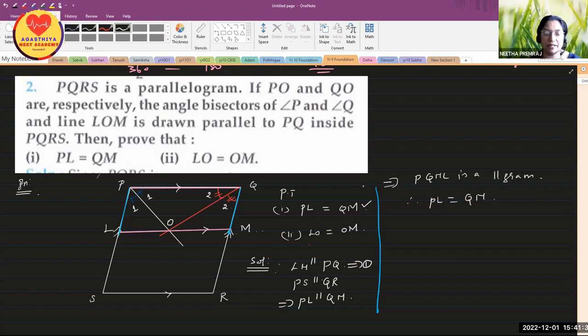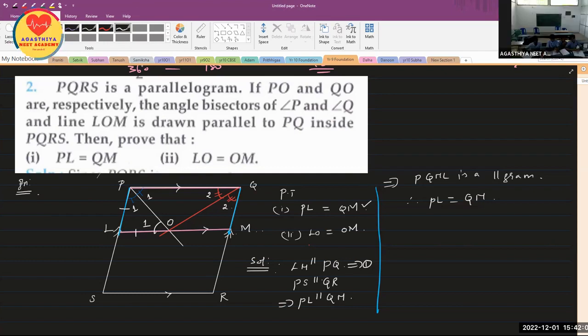Similarly, what else could you say? If you see, these two lines are parallel. This is also angle 1 because of alternate angles. PO works like a transversal, so these two measures must be equal, isn't it?